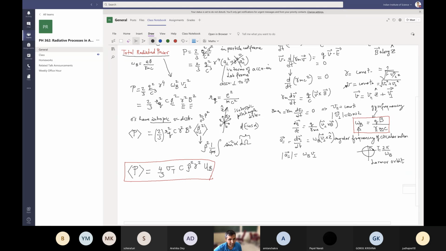So what is U_B? U_B is the magnetic energy density, B squared by 8 pi. And I said that there is a background magnetic field. So this form is quite nice: 4/3 sigma T c U_B times beta squared gamma squared.